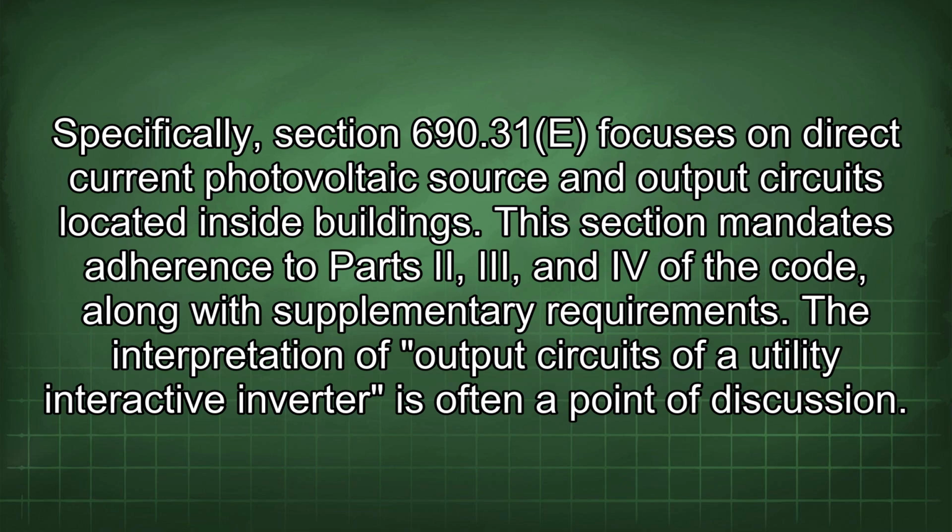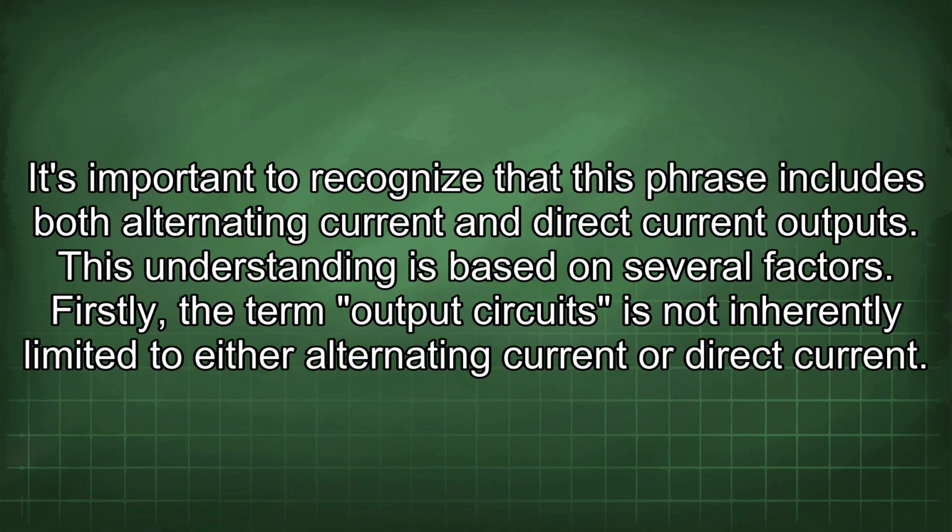The interpretation of output circuits of a utility interactive inverter is often a point of discussion. It's important to recognize that this phrase includes both alternating current and direct current outputs. This understanding is based on several factors. Firstly, the term output circuits is not inherently limited to either alternating current or direct current.